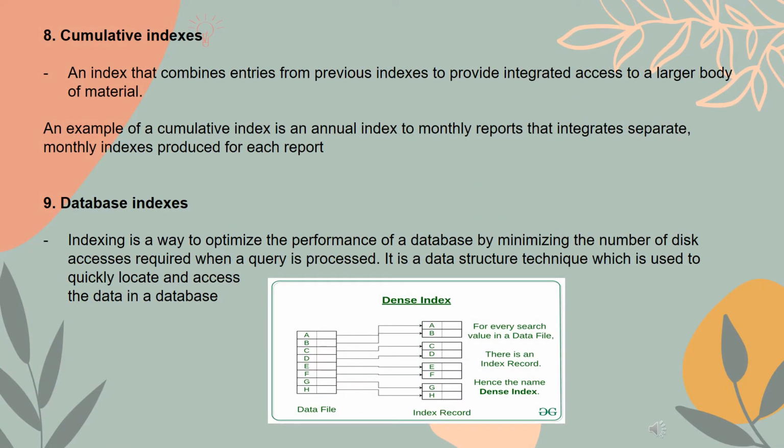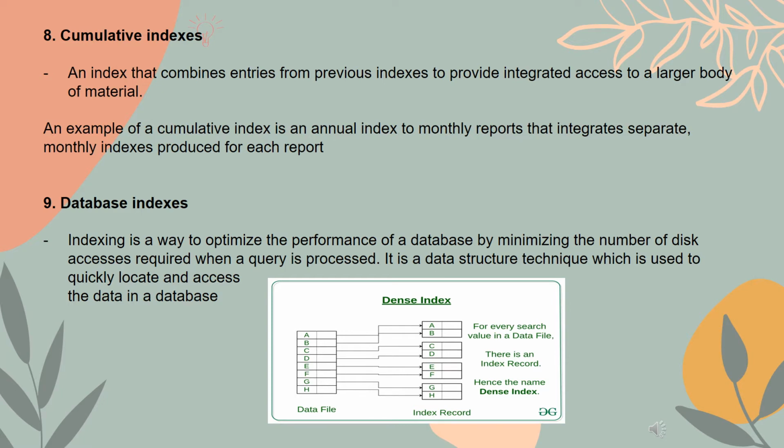Okay, the next type is cumulative indexes, an index that combines entries from previous indexes to provide integrated access to a larger body of material. An example of a cumulative index is an annual index to monthly reports that integrates separate monthly indexes produced for each report. Next is database indexes.